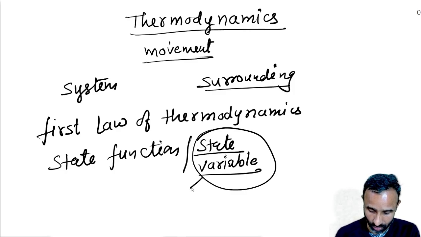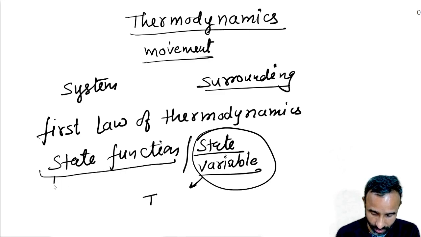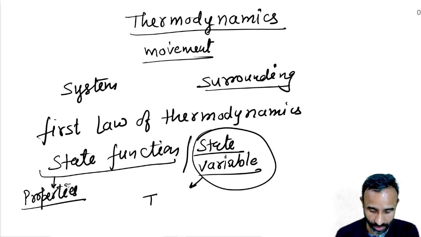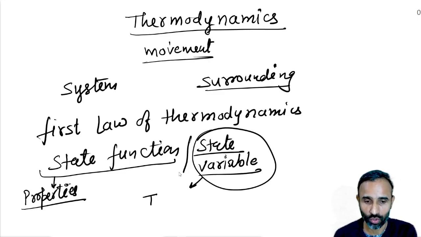Okay, we can say those are state functions, because state function means those properties of the system which depend on the state of the system and are independent of the path followed.